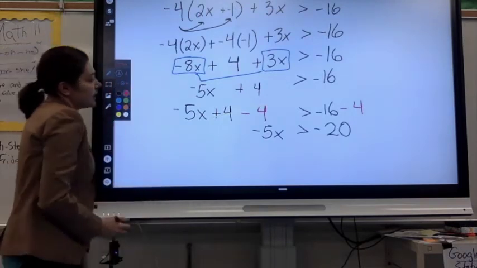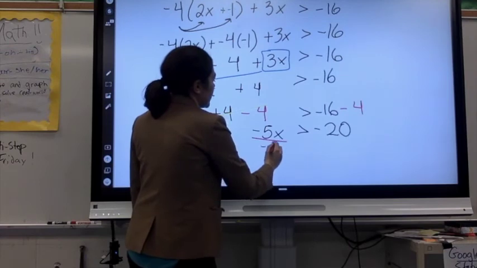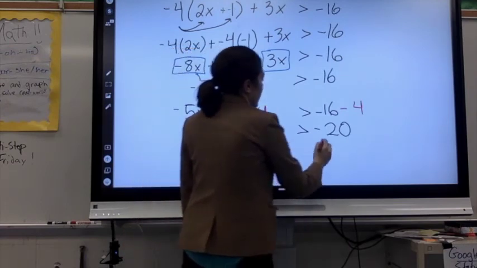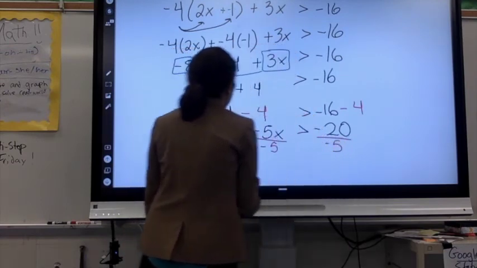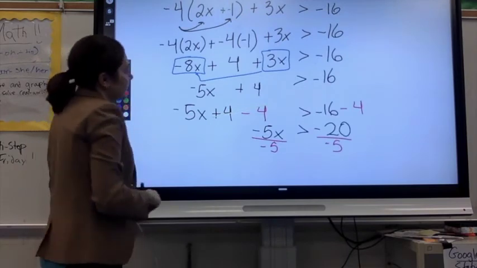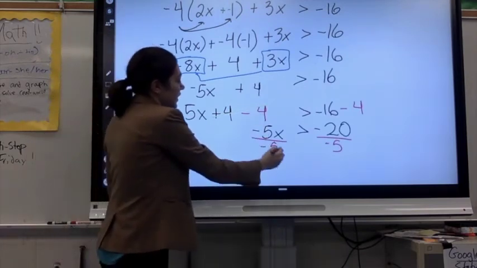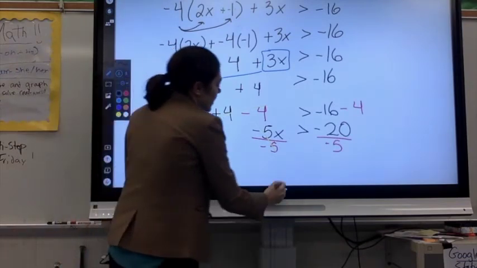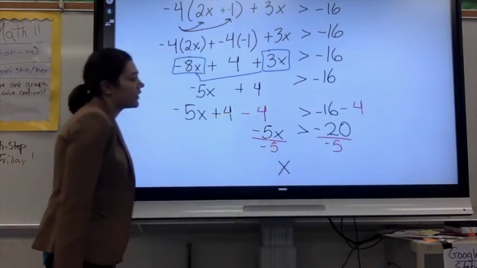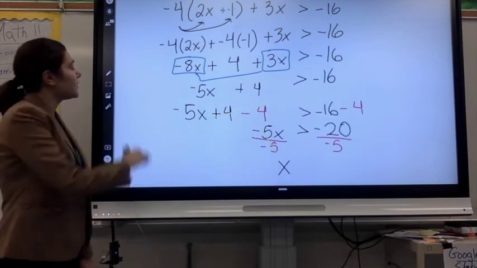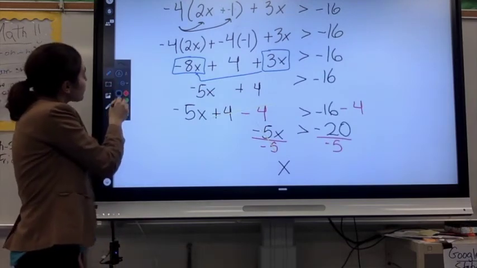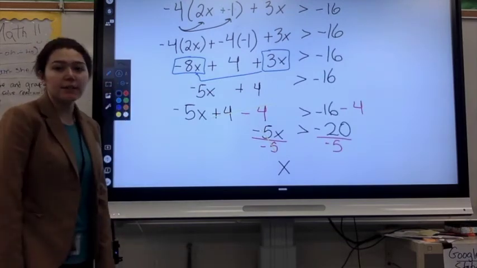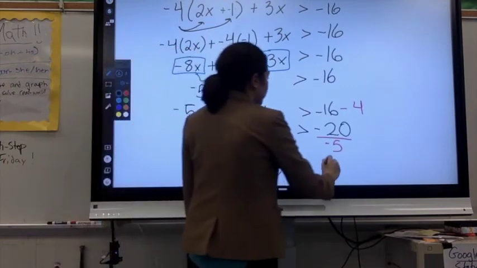In order to do that, I need to divide both sides by -5. When I divide both sides, -5 divided by -5 cancels away, and we get x. On the right-hand side, I have -20 divided by -5. A negative divided by a negative is a positive, so we're going to get a +4 here.